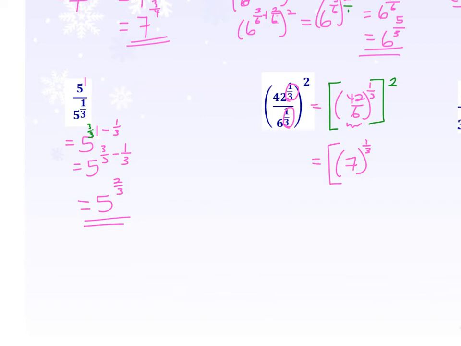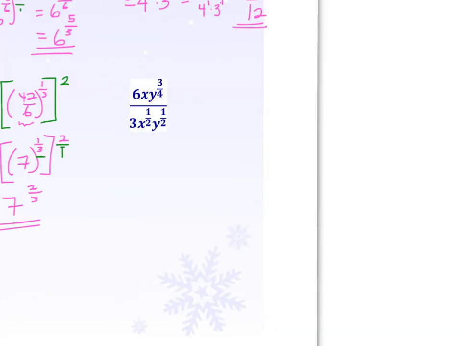And then that is technically being squared. If you have a power on the inside and a power on the outside, we multiply. So I'm going to put that 2 over 1 and just multiply them together. That would give us 7 to the 1 times 2 in the numerator over 3 times 1 in the denominator. 7 to the 2/3 power.